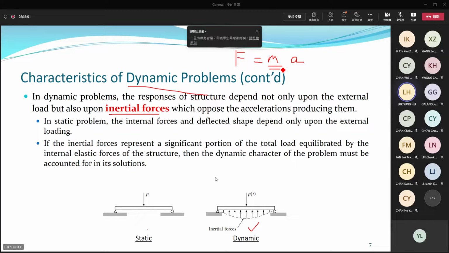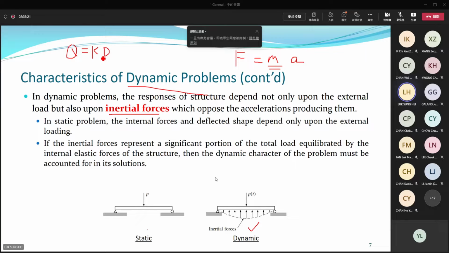In the past, when you considered static, you seldom put the mass in the formulation, right? Just like the stiffness method. What we do in the stiffness method, Q equal to KD, you never consider mass in the formulations. But when you formulate a dynamic problem, mass is involved in the calculations.